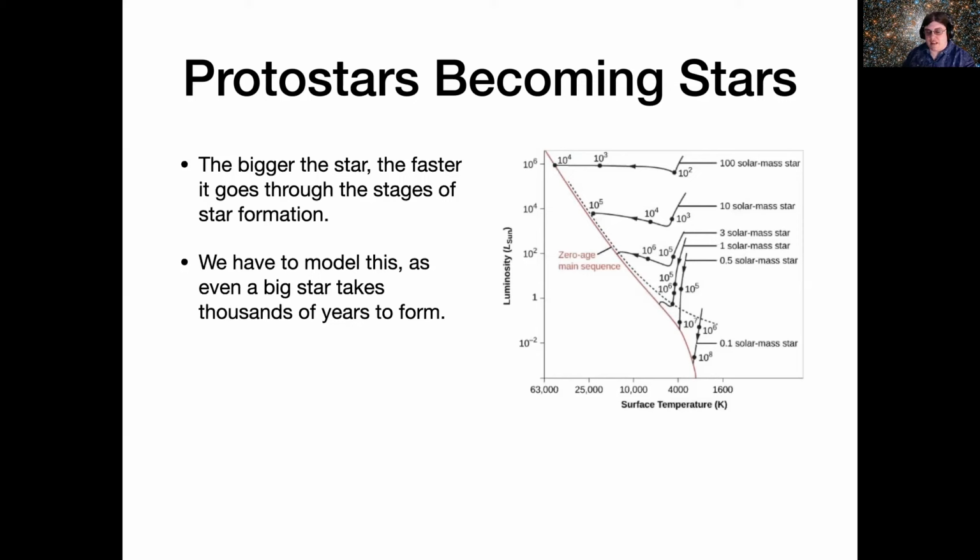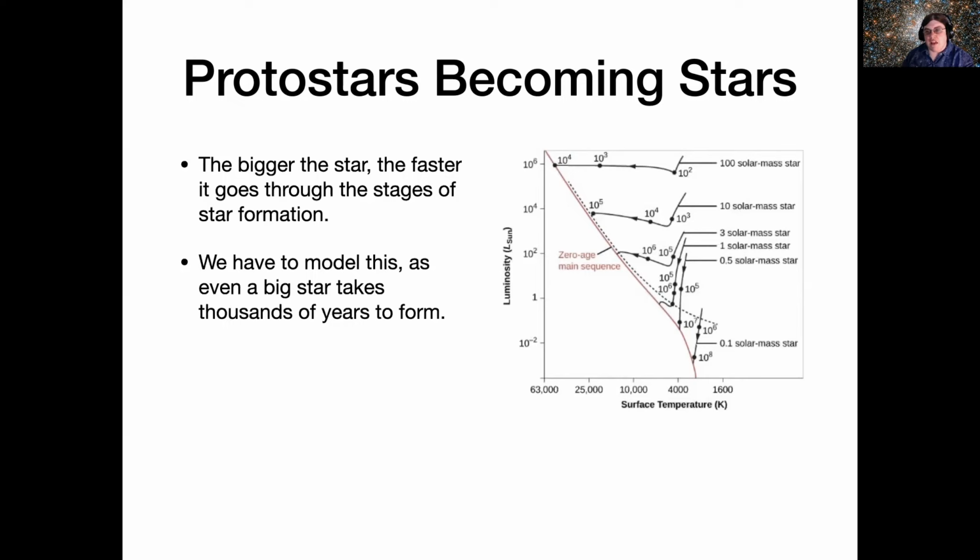Its luminosity is actually going down, but it's not heating up that much once it's clearly a protostar, because it's not very hot. The dotted line on this plot is just showing you where we can actually see the star clear the gas cloud.